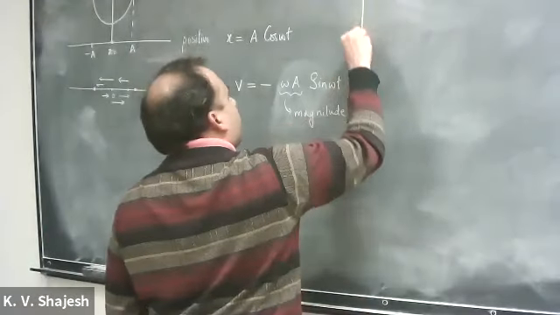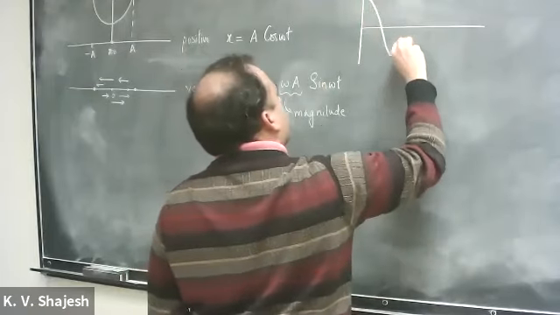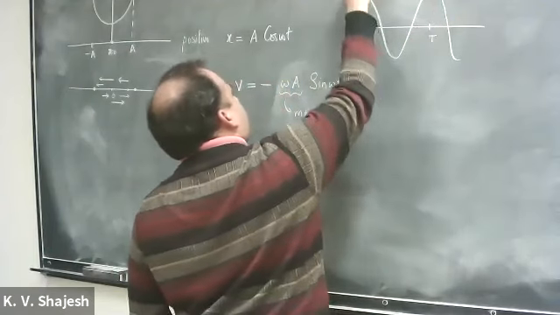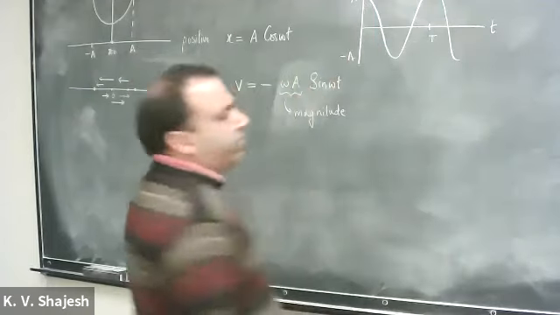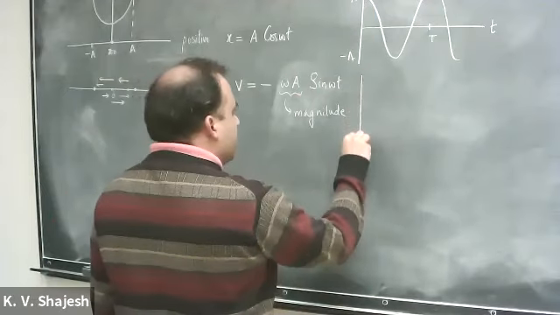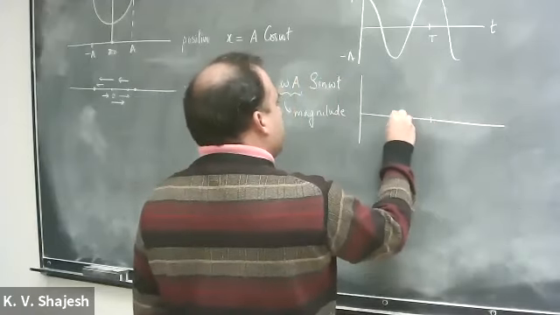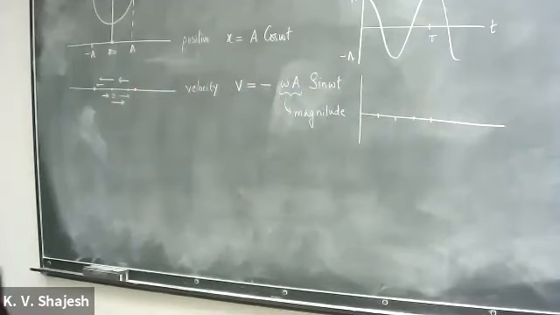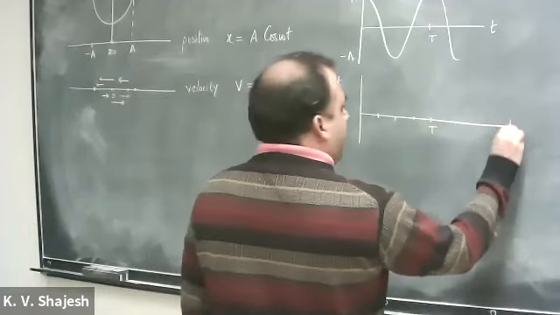So if this was my position, that's t, and that's position plus a, minus a, and that's time. And velocity in the same scale, so that's your time t, that's t by 2, that's 3 times t by 2, and that's your quarter. So that's your t.